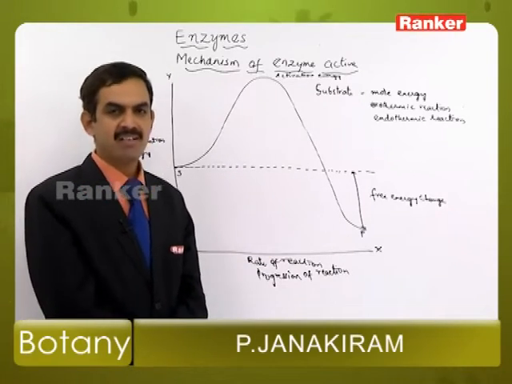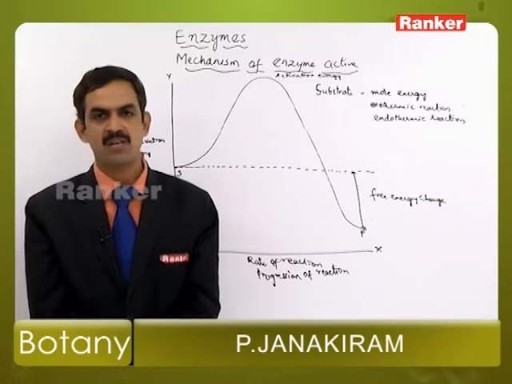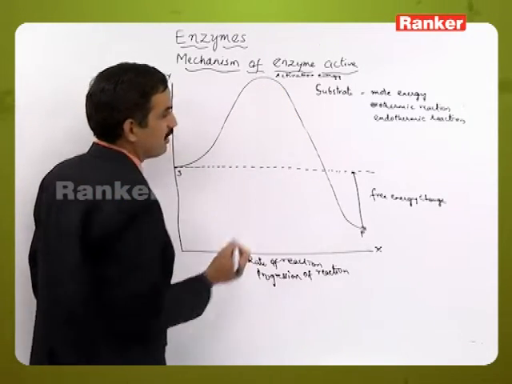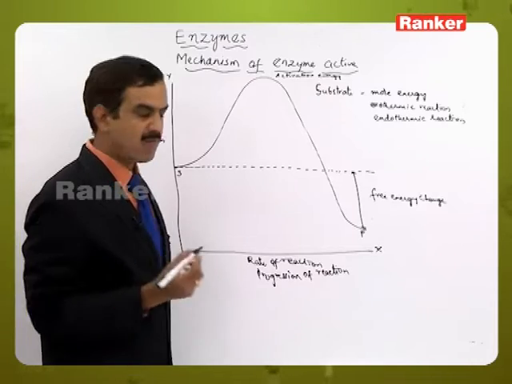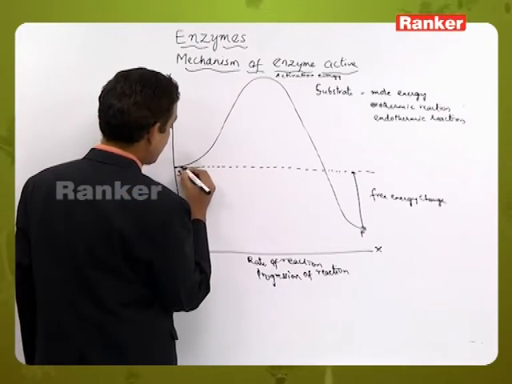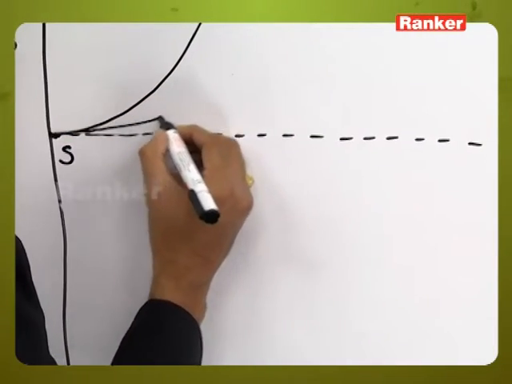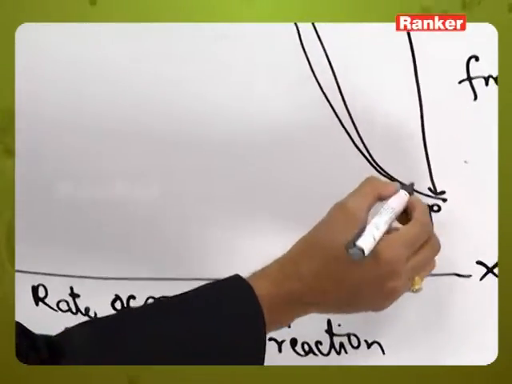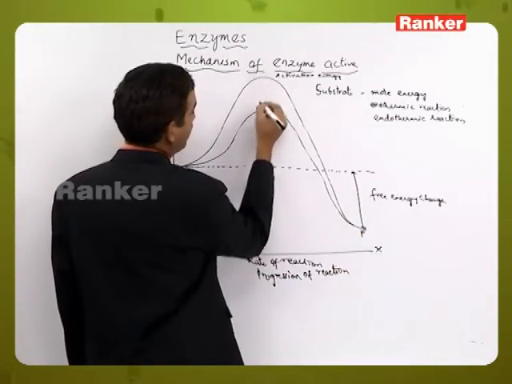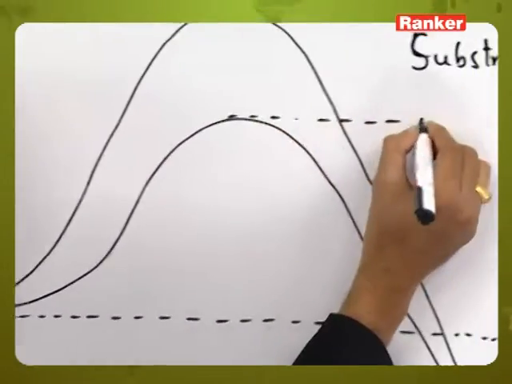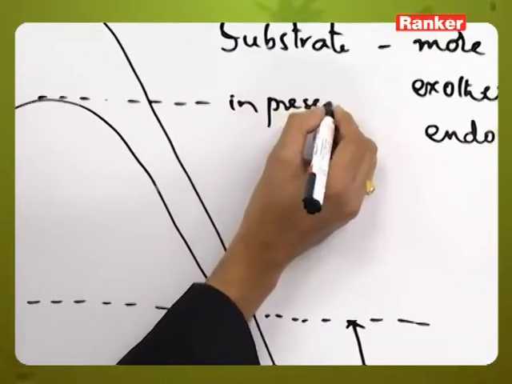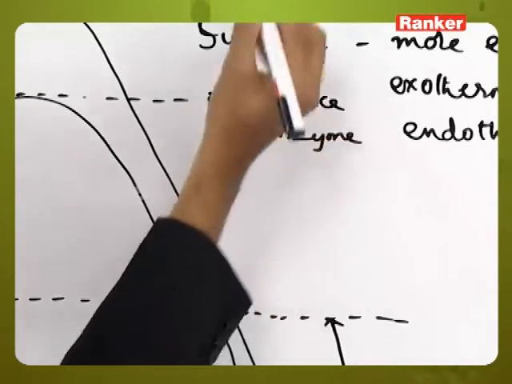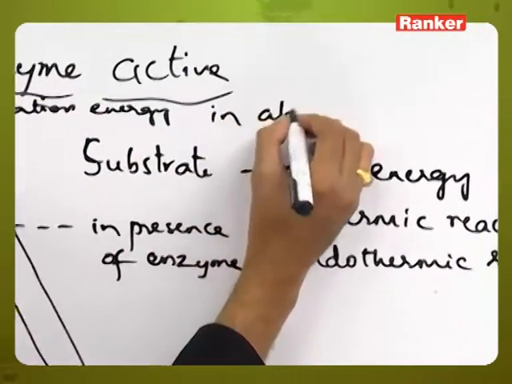Maybe the product has very little energy when compared to the substrate molecule, and this is the condition without the enzyme molecule, but in the presence of the enzyme molecule, the activation energy level will be decreased. So this is in the presence of enzyme, and this is in the absence of enzyme.